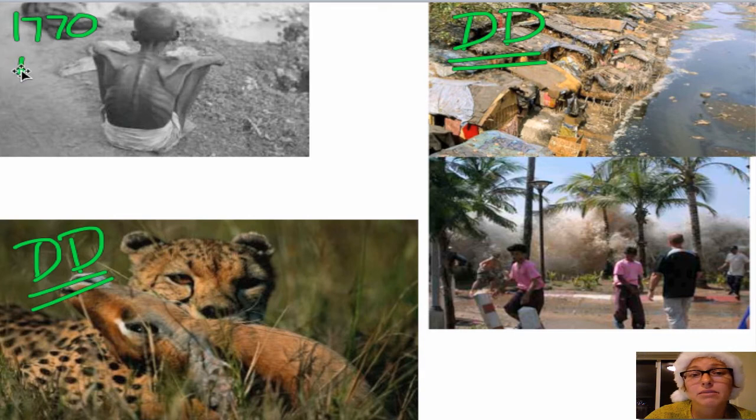Over 10 million people perished. And what happened, this is called the Bengal famine. And it took place in India.